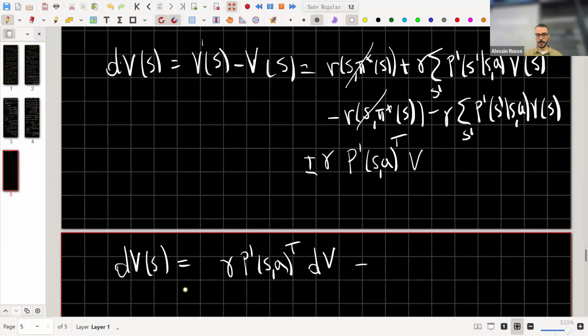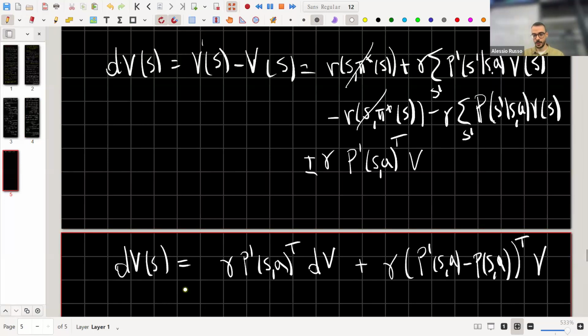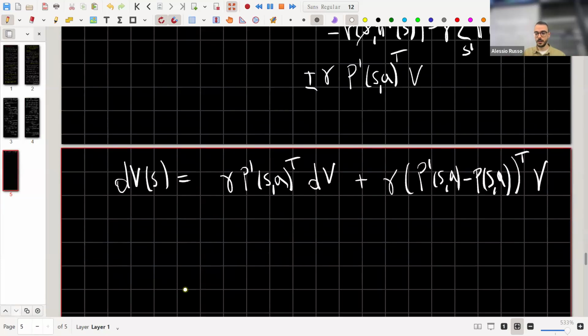And then we have plus, and also here it's just P. We have plus gamma P prime SA minus P SA transpose value of V. So I just rewrote everything in vector form.